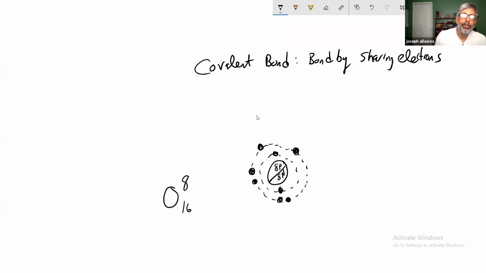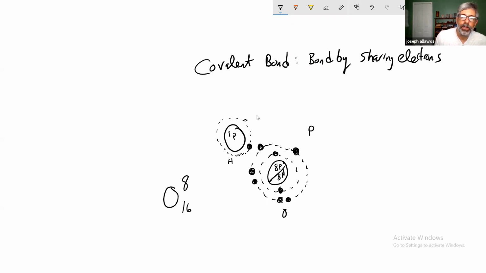Well, here's what can happen. Along comes a hydrogen. Hydrogen is 1. It only has 1 proton and 1 electron, like this. And then another hydrogen can come along. There's a hydrogen and oxygen.